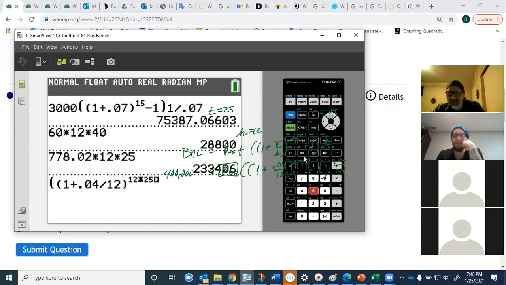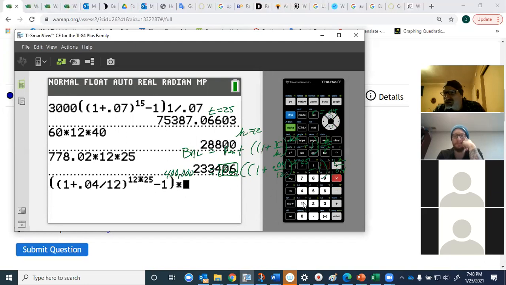It's 25 years. And then we have to hit a right arrow to go down. If you don't have a calculator that puts the exponent up there, you have to put parentheses around the exponent, or else it'll just raise it to the 12th and then take the answer times 25. And then it has minus 1 and a closed parenthesis and then times.